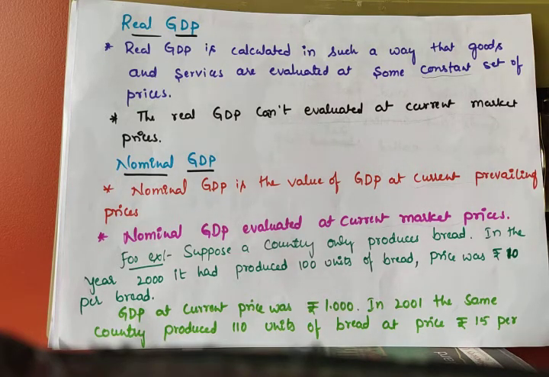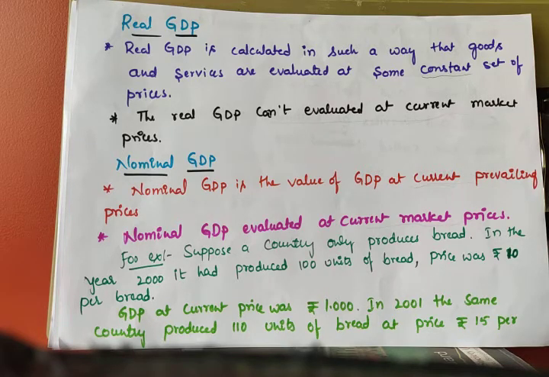In the year 2000, a country produced 100 units of bread. The price was rupees 10, and at that time the GDP at current prices was rupees 1000.